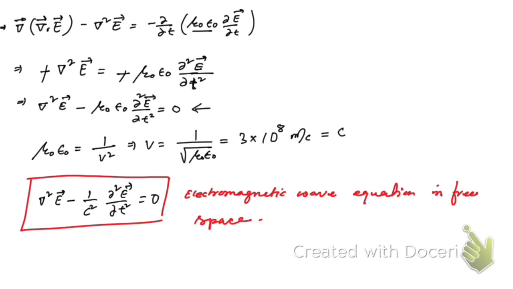Similarly, for magnetic field, we can obtain similar kind of equations. Let me show you how. So let me go to, just wait, let me make a partition here. Okay, so here you see, let me go to the previous slide.